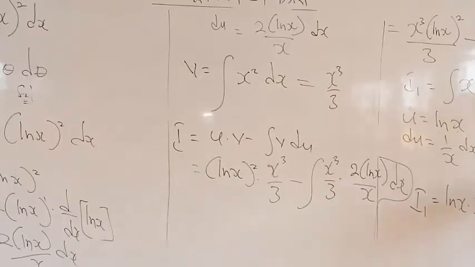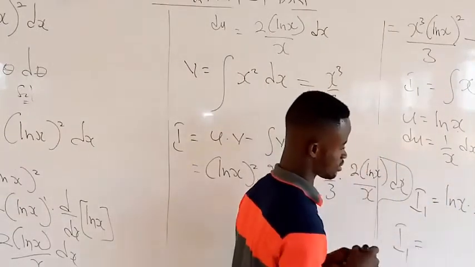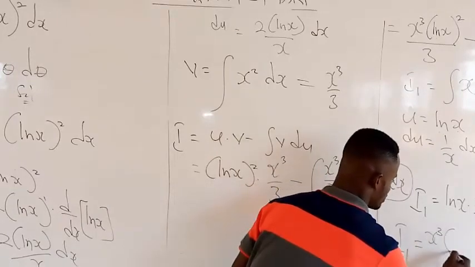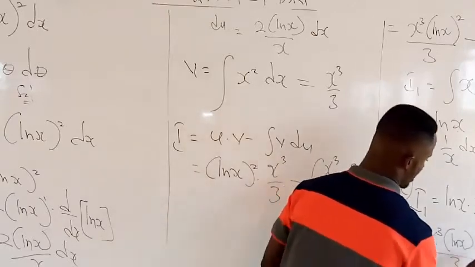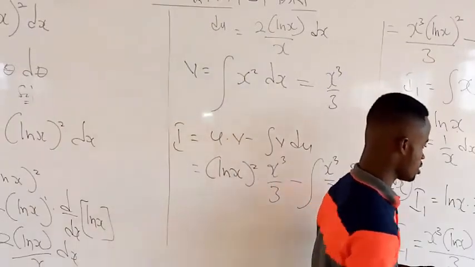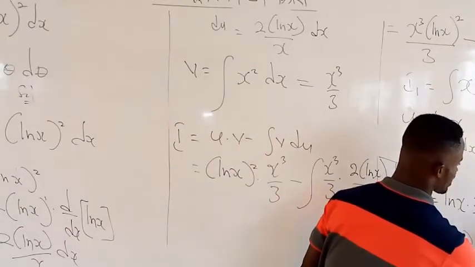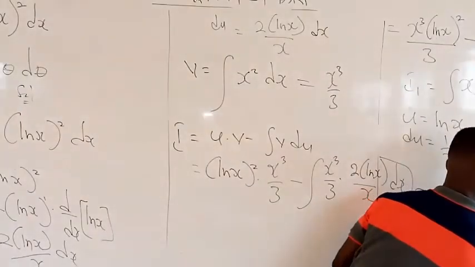So v is this. Du is 1 over s ds. So I1 is just s to the power 3 ln s, all these over 3, minus, here the constant is 1 over 3. Integral of this times 1 of this, we get what? s squared ds.